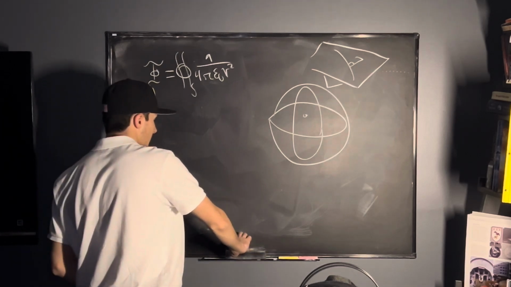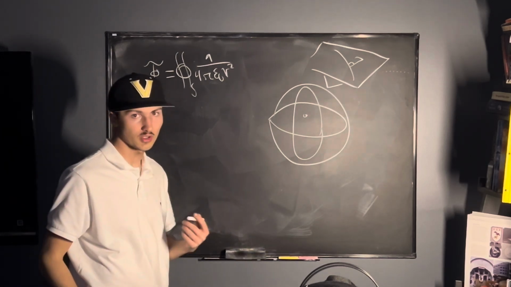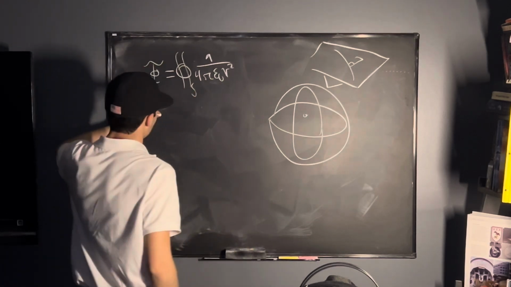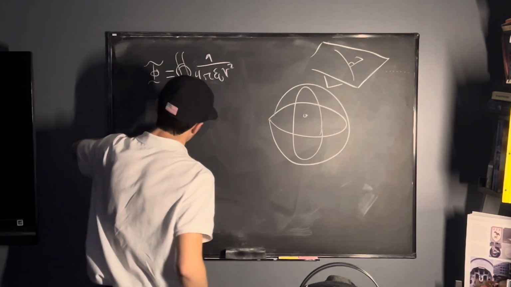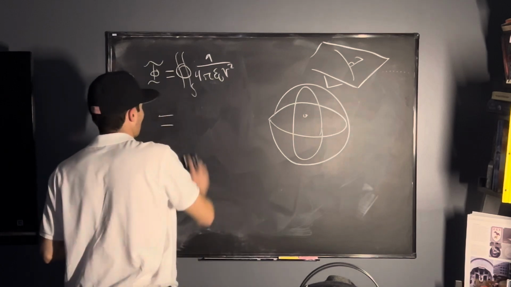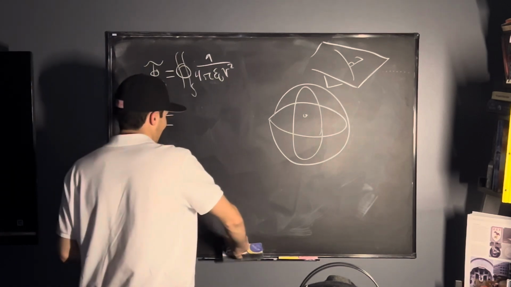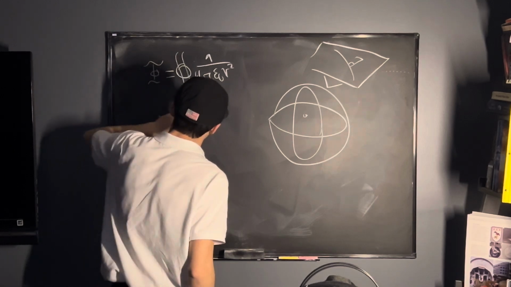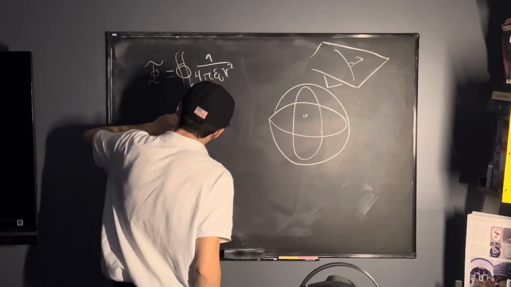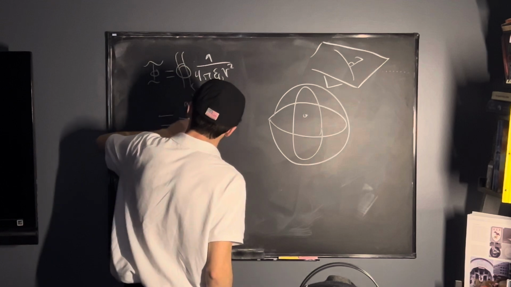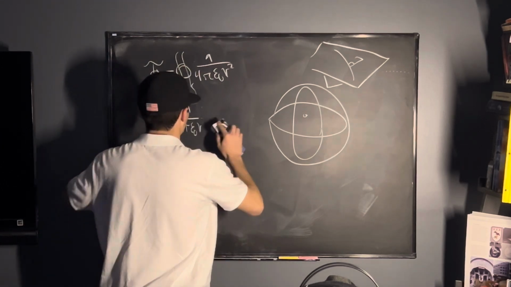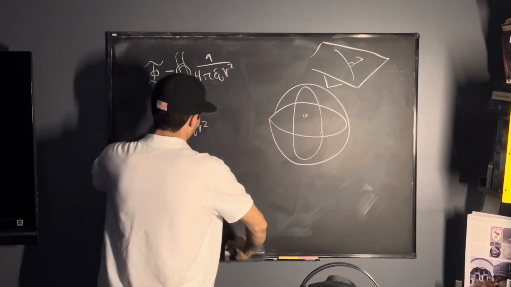So because it is not a variable that we are integrating across, we pull it out. And so ultimately this leaves us with Q over 4 pi epsilon naught radius squared, times the integral of the surface.